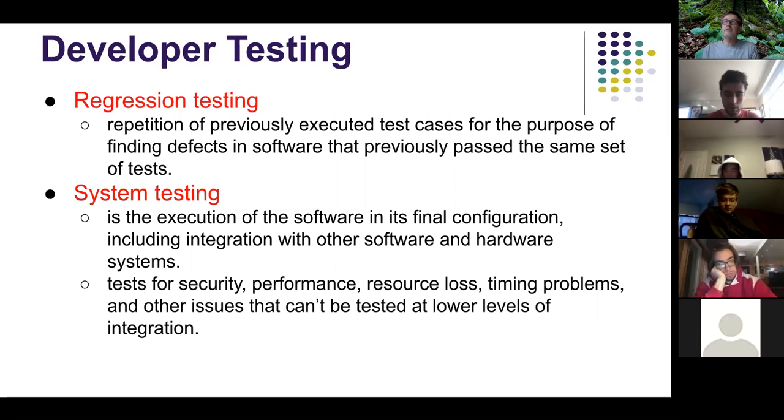There are also timing problems and other issues that can't be tested at lower levels of integration. These are tests of emergent behavior. You don't know how secure a system is when you're just testing the pieces. The question is how secure it is when it's all assembled. The same thing is true for performance. You don't know the overall performance of the system without testing it as a whole.